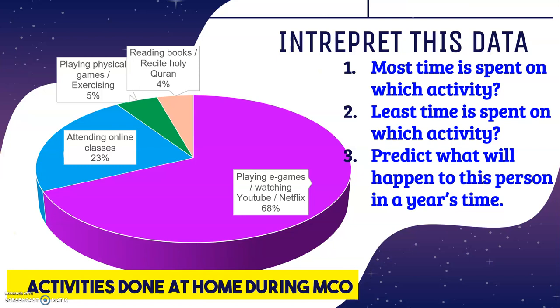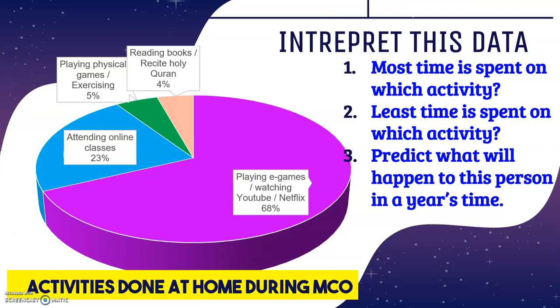As you can see, 68% of the time is used to play e-games, watch YouTube or Netflix. 23% of the time is spent attending online classes, like what you're doing right now, 5% on exercising and playing physical games, and only 4% on reading books or reciting the Holy Quran. So answer these three questions for me to know that you do understand this topic. You know how to interpret data.